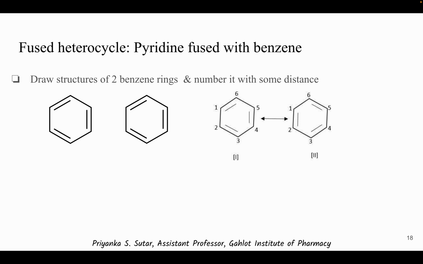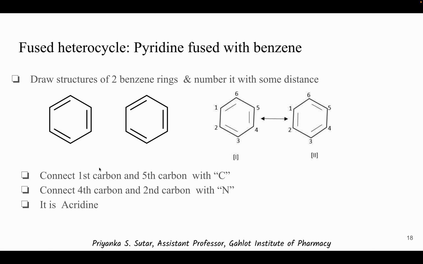Now what we are going to do, we are going to connect the first carbon with the fifth carbon, and we are going to connect the fourth carbon with the second carbon, and the connecting atom is nitrogen.